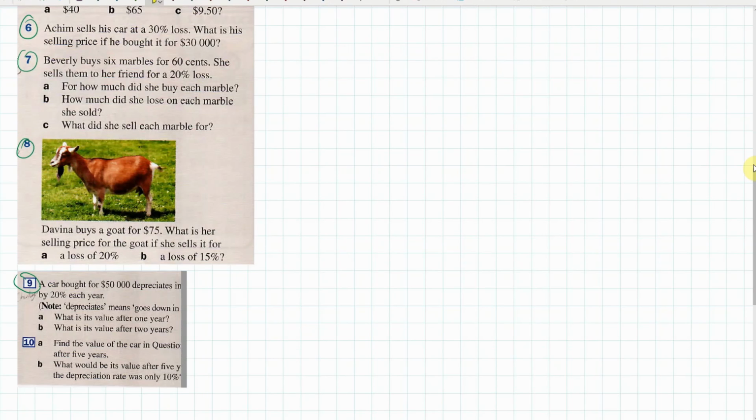Okay, now when it's a loss, instead of the 100 plus 30, you're going to do 100 take away 30. And the reason for that is because it's going to be less than your initial amount. So when you've got a loss, you're going to go 30,000 times 100 take away 30 percent, because it's a loss.